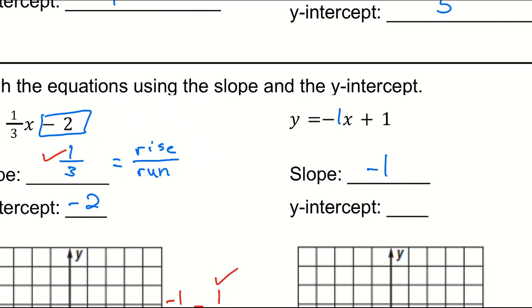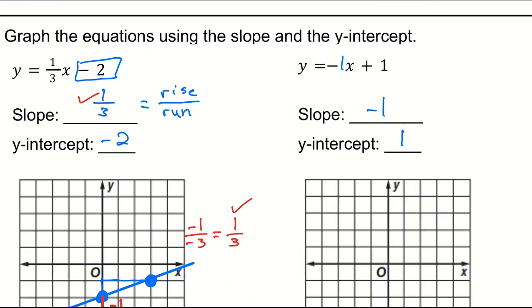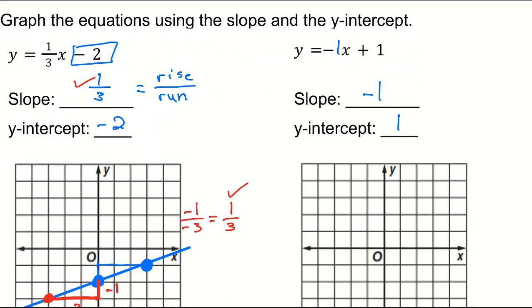The y-intercept is going to be 1. After we figure that out, we can put the y-intercept in, just like we did on the one to the left. Since the y-intercept is 1, you're going to go up 1 and put your dot right there on that y-axis.